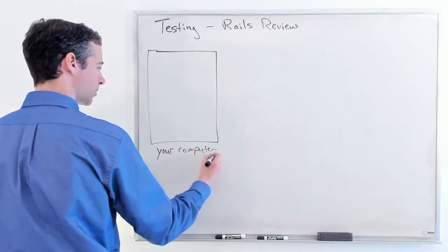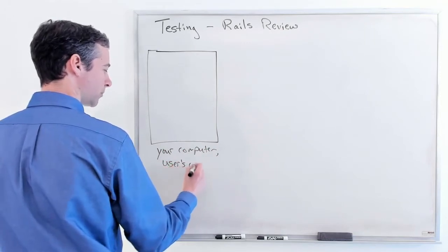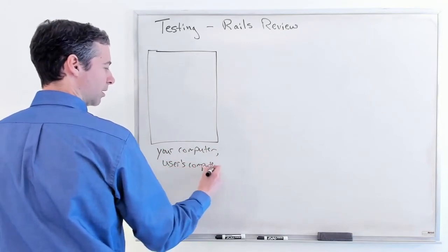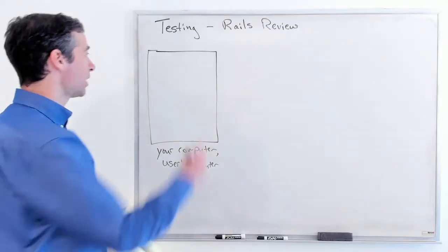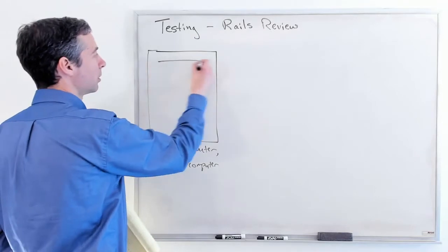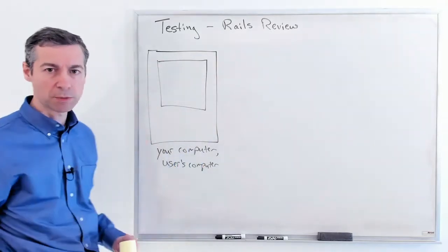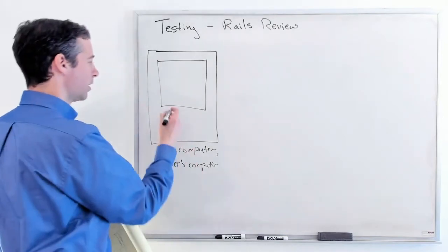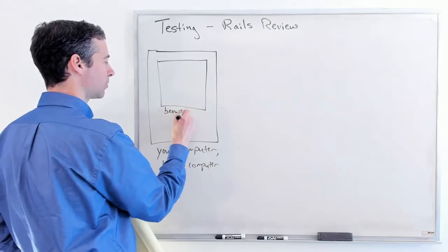Or to put this another way, this is perhaps the user's computer, laptop, whatever it is, phone, I don't care. But on it is a program, one of the many programs running on the computer, and this happens to be the web browser, okay?